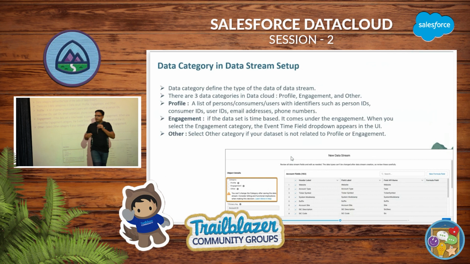Engagement is how your customer purchases different things from different sites. Let's say I have one email address, and through this email address I have one account on Amazon and one account on Flipkart. On both sites I am purchasing things.